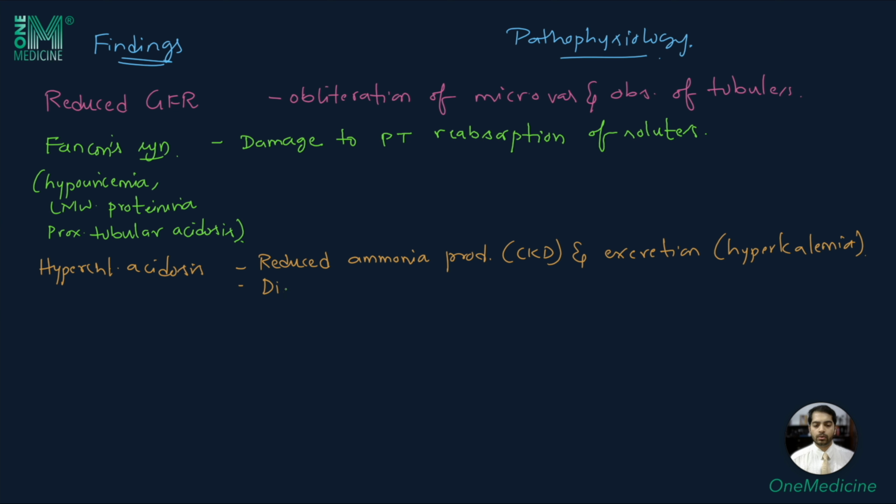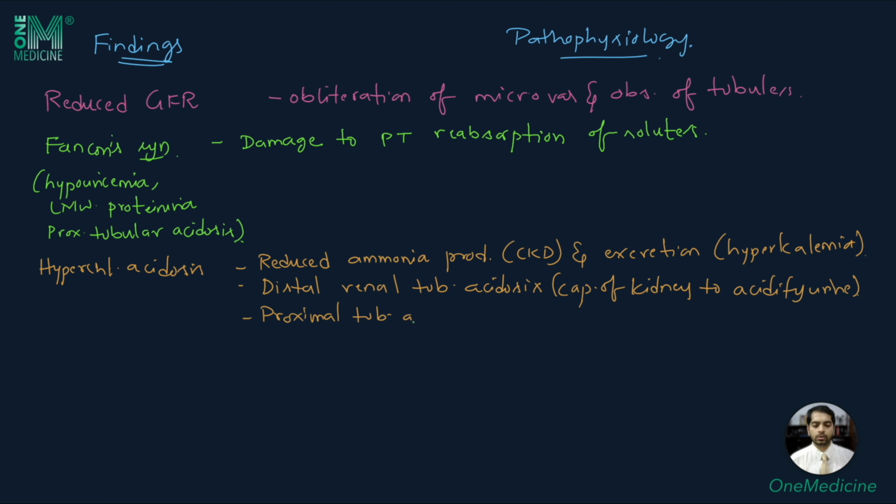It can also happen due to distal renal tubular acidosis, which reduces the capability of kidney to acidify urine. There can be proximal tubular acidosis, where there will be bicarbonate wasting.